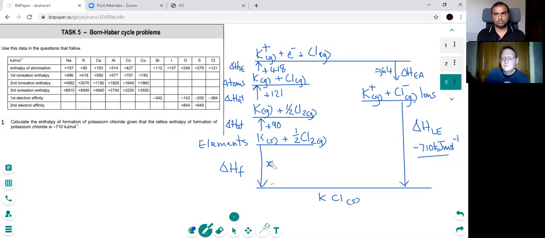To work out the enthalpy of formation, we notice the enthalpy of formation arrow is going anti-clockwise, while all the other arrows are going clockwise.